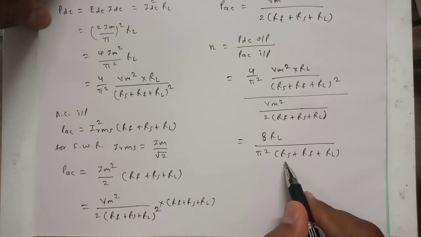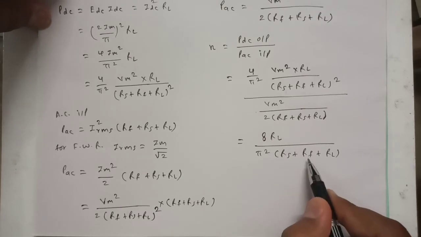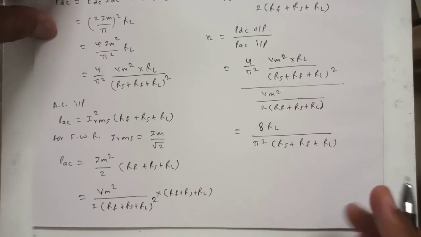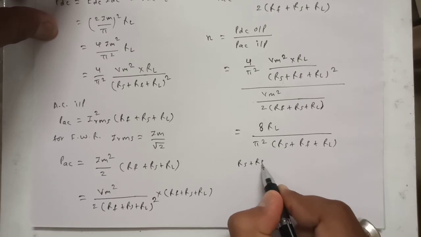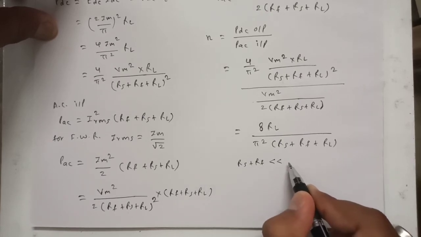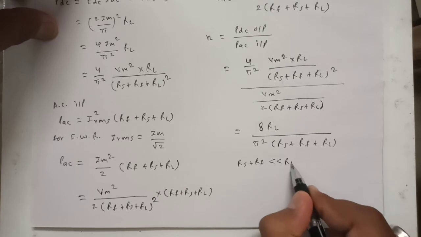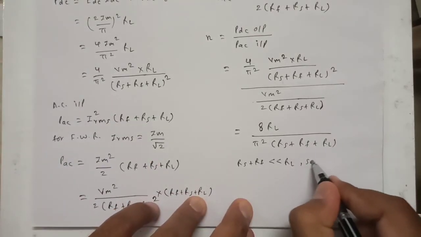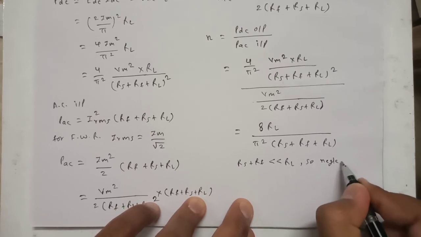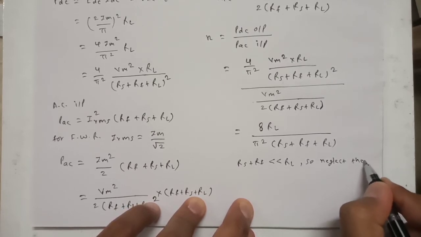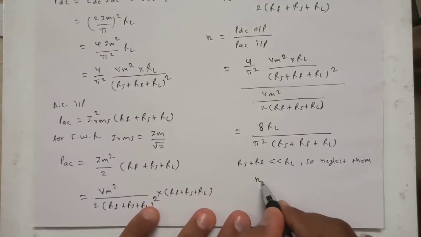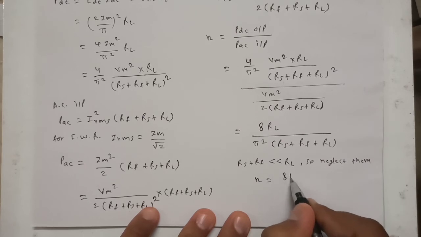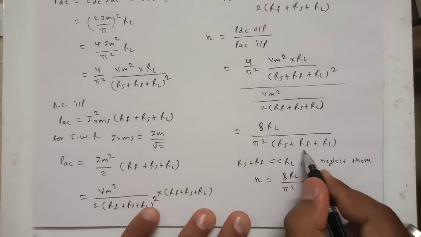Now, as we know, Rs is the secondary resistance and Rf is the diode resistance, which are very small, and that's why we neglect these terms. We know Rs plus Rf are very small compared to the value of the load resistance, so we are going to neglect these two terms. With this, what remains is efficiency equal to 8 RL divided by pi square RL, since these two are neglected.